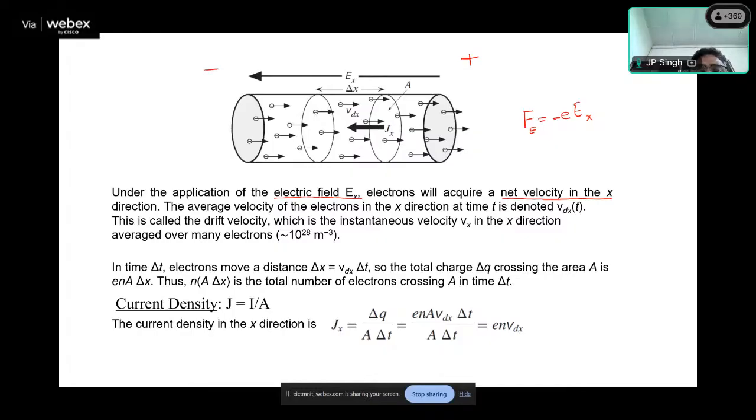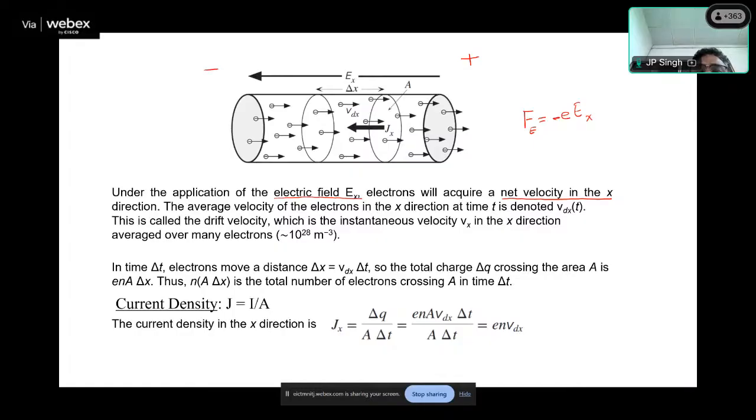Now we'll figure out the value of this current, which is known as the drift current, produced because of the application of the external electric field. All electrons will acquire some velocity in the x direction.